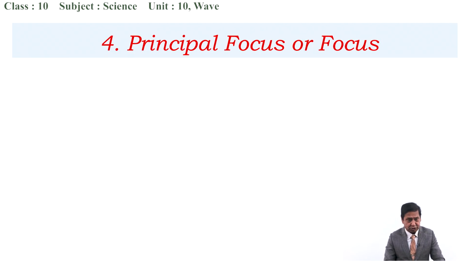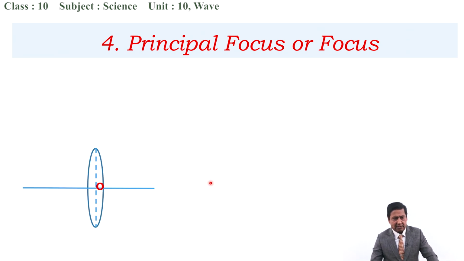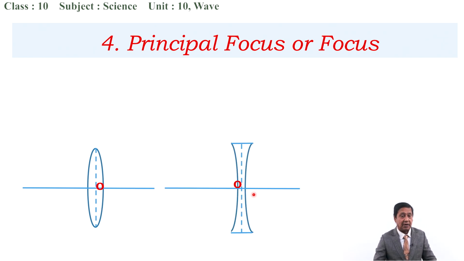Let's have another term, principal focus, which is also called just the focus. What is it? I want to draw again the same. This convex lens, this bisector line, this is the principal axis, this is the optical center. And this is the concave lens, this is the bisector line and this is the principal axis.